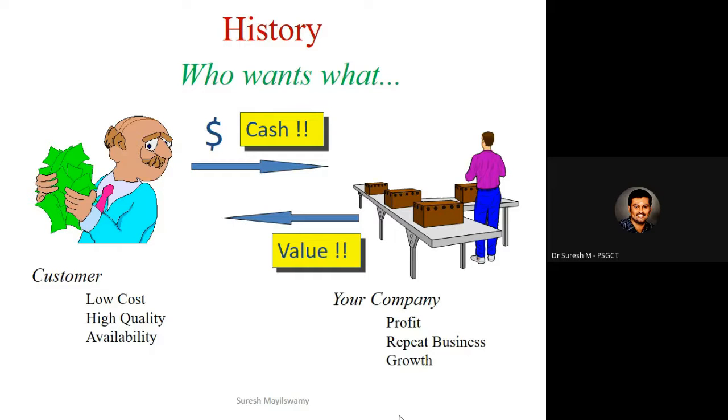Also the industry is ready to give the value to the customer. So this is a both side balanced system. So how to satisfy the customer and how to become good in a business? For that we need a computer integrated manufacturing system.